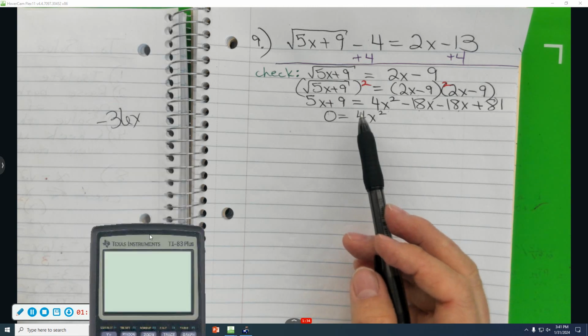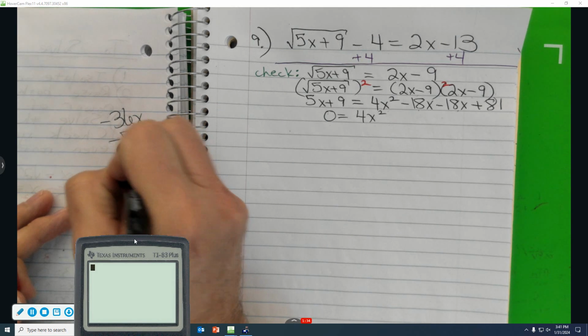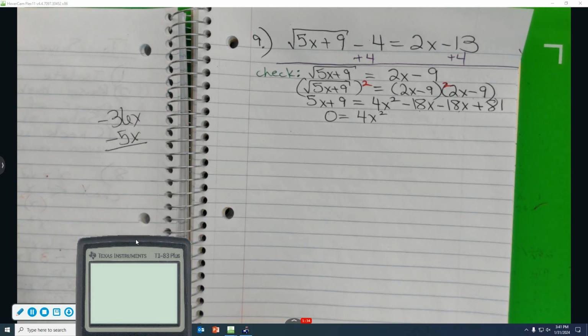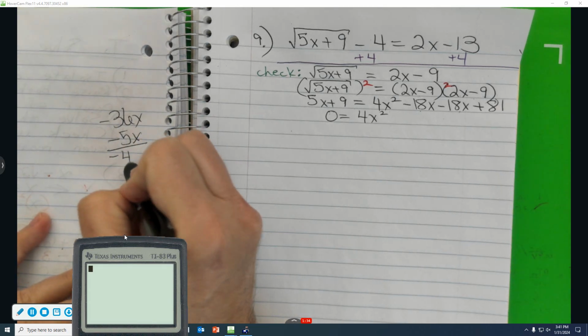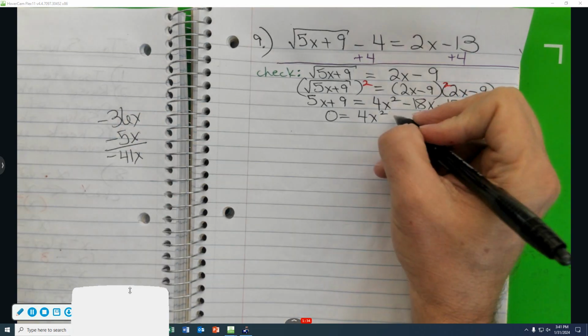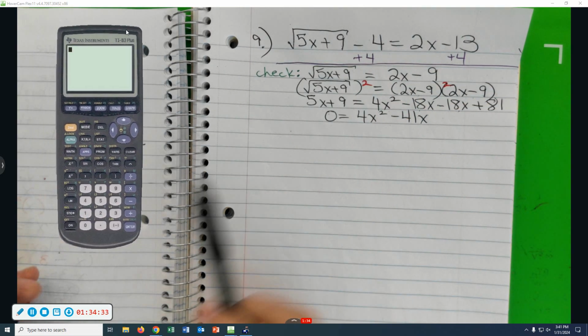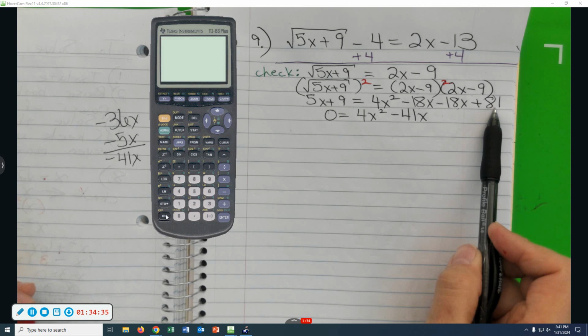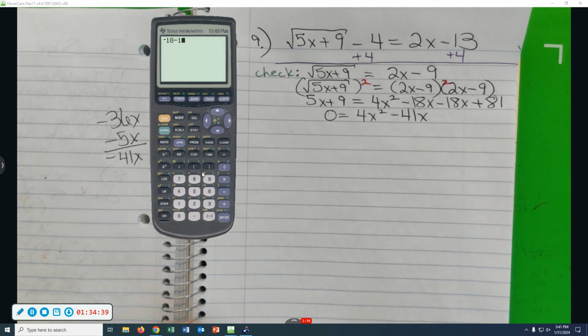They can't see my scratch work. There. Okay, we subtract it. So negative 36x minus 5x, that's going to give me a negative 41x. I'm already thinking this might be a good problem to use the quadratic formula on. We have an 81 minus 9, what's that going to give me?